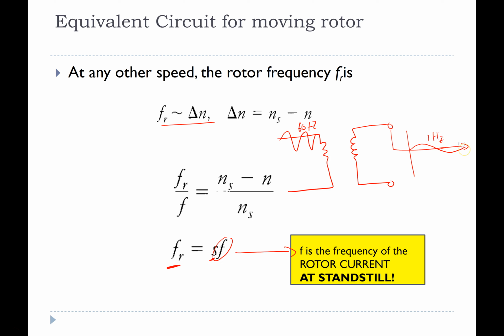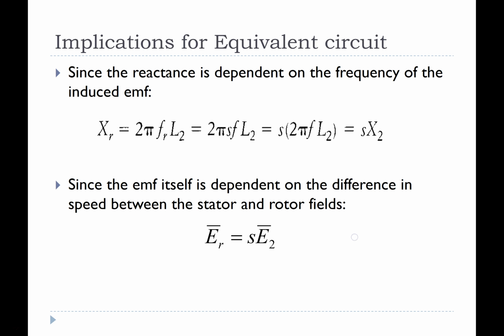That is something strange, because you inject a 60 Hertz signal and you get out a 1 Hertz signal, but the remainder, the difference between these two, is actually not in electrical motion, it is in mechanical motion. It is in the actual physical rotation of the rotor.